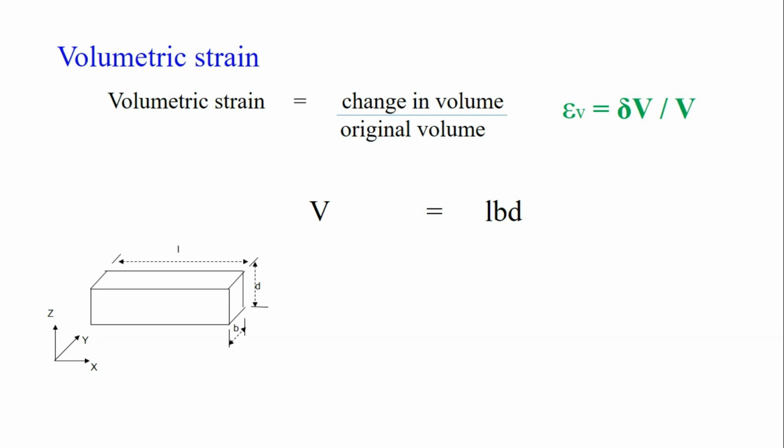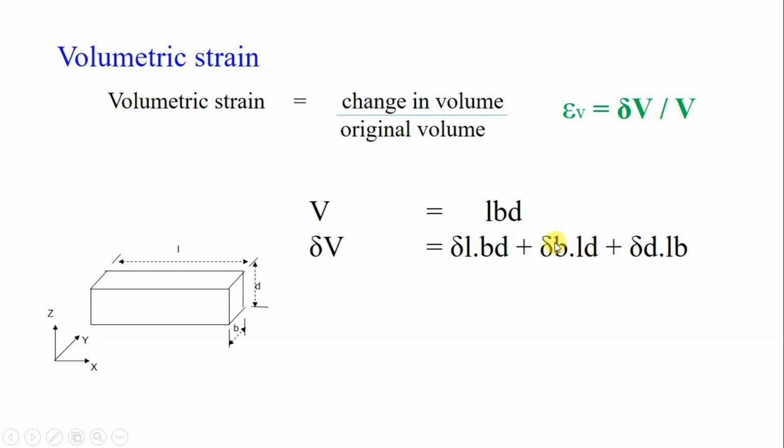Next, delta V, that is change in volume. We are having three dimensions L, B and D. So while considering the change in dimension for the length, it becomes delta L and the product of B and D. We have to separate all these three terms. Then next, breadth is taken as the consideration.